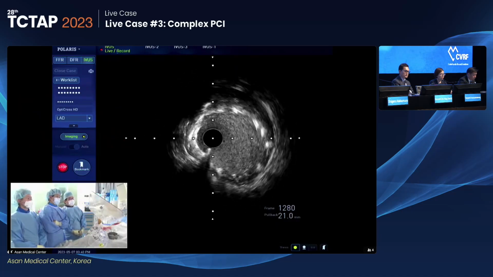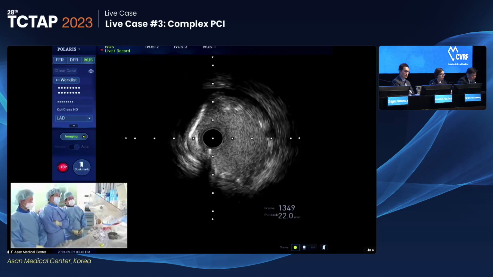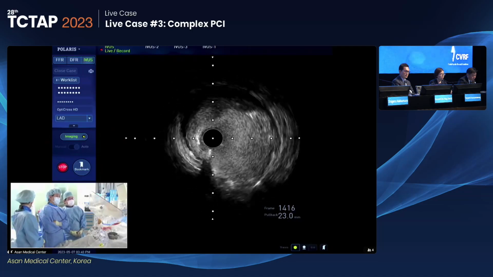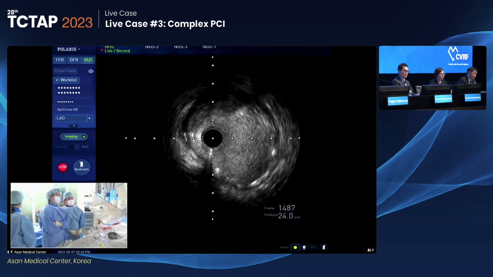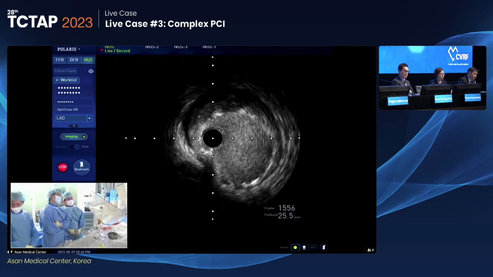I implanted the 4.0 stent. I think I can apply the 4.0 high pressure balloon. Okay, we can apply the 4.5, but I think 4.0 is quite enough.